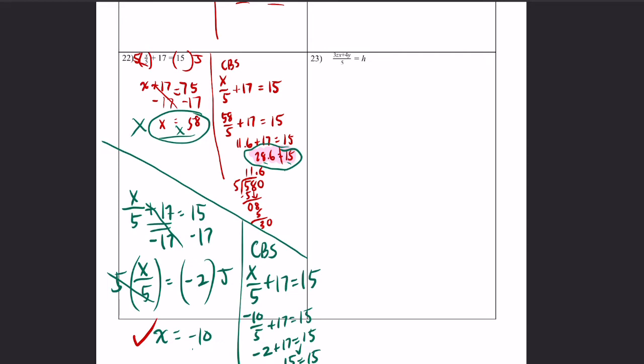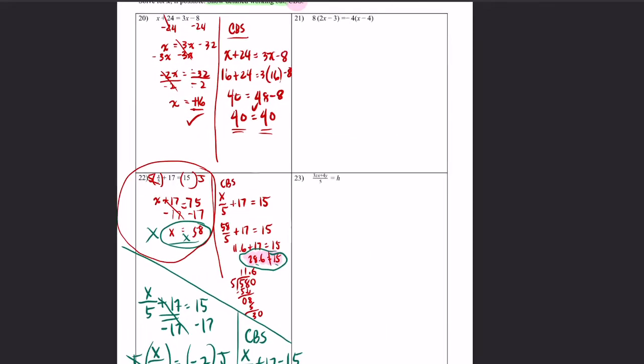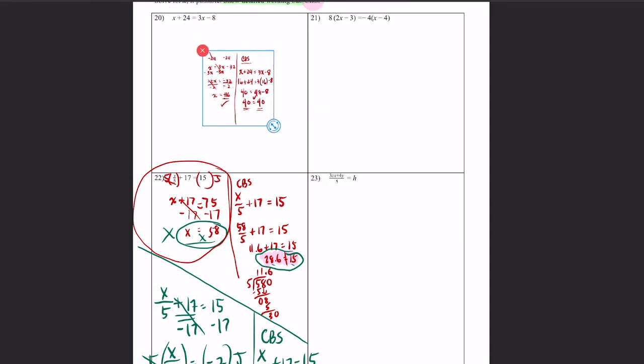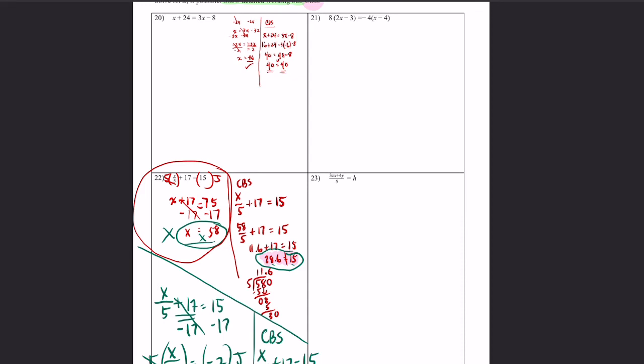Okay? Now, what happened here? Let me show you what happened here. Let me move this and make this smaller. When you multiply by 5 to get rid of that, you need to multiply every term.